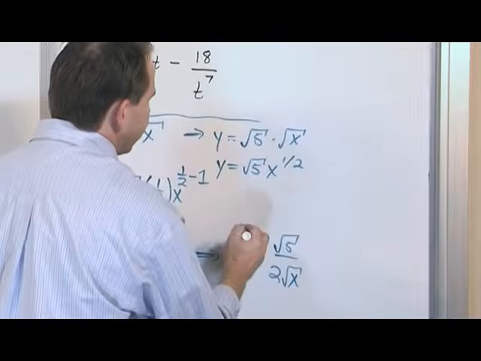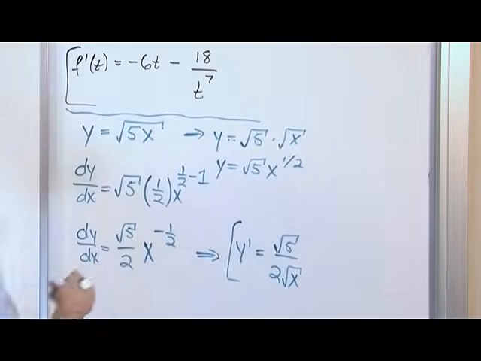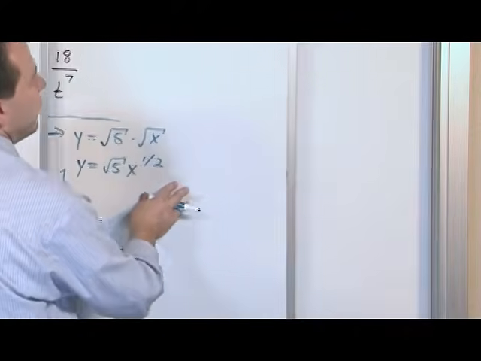So you can even simplify this more if you want. Any of these answers is correct. Square root of 5 over 2 times x to the negative 1/2, or you can rewrite it as this guy. That's fine as well. So, the trick here with derivatives is, once you learn all the rules, they're all really done in similar fashion. Just see if you can rewrite one of them sometimes, because that could be the trick that you might need.